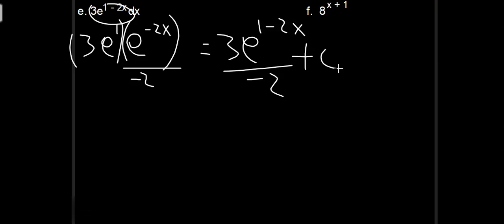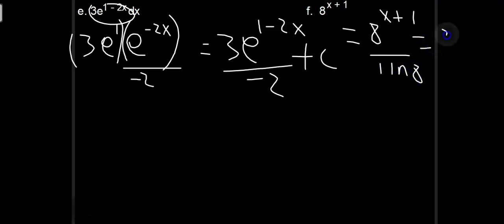So now let's do the F one, this one. It will be the same process. I'm just gonna say e raised, 8 raised to the x plus 1, and then the whole over, since I got this 1 over here, my k value will be 1, over ln 8.